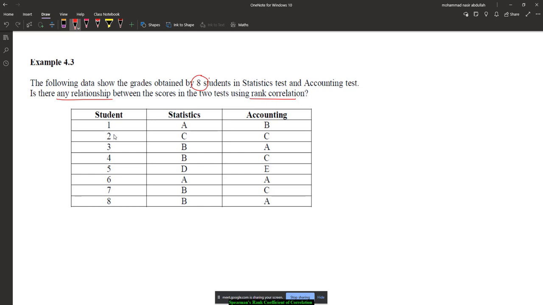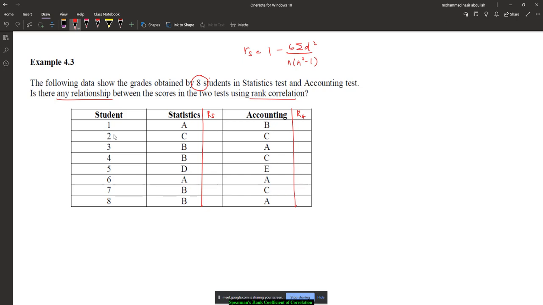So now, as usual, I look at the formula. Rs is equal to 1 minus 6 multiplied with summation of d squared divided by n multiplied with n squared minus 1. So we need to create a column for ranking for statistics as well as for accounting, right?